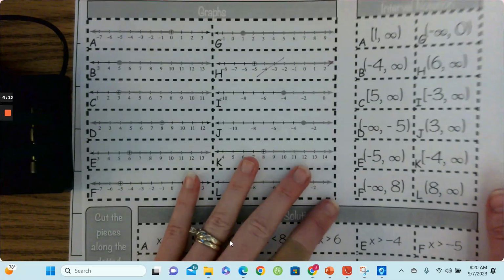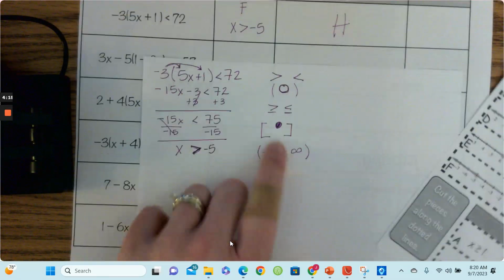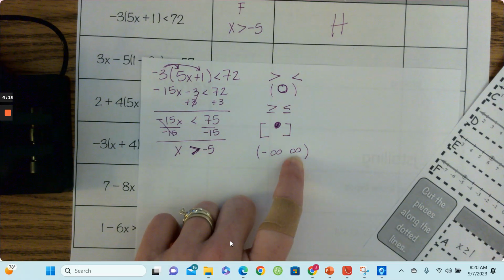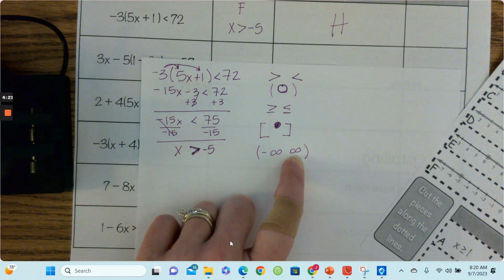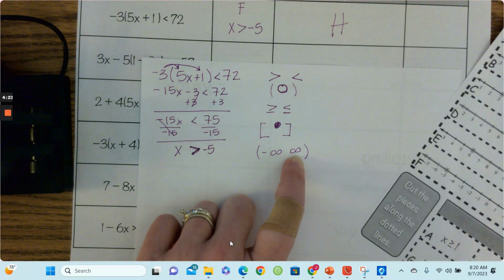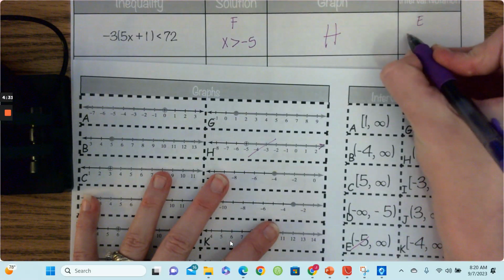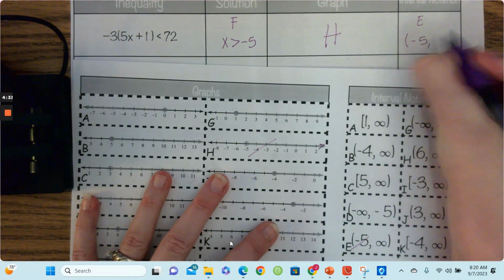Why is there one with a bracket and parentheses? Because infinity always gets a parenthesis. Sorry, my brain just completely stopped. So we said, what was it? E? You can put an E, but I want you to write the inequality.